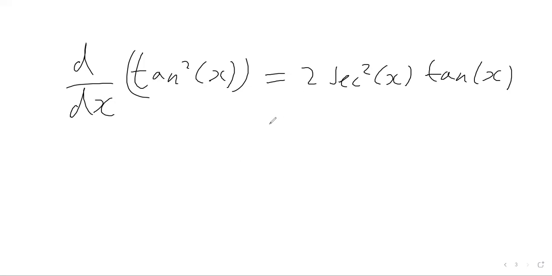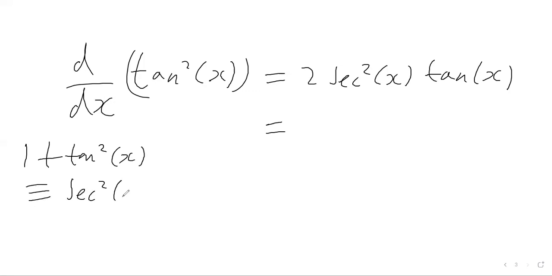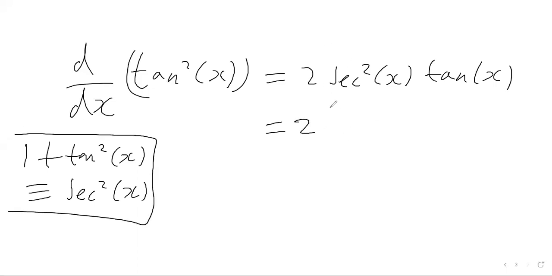I guess we could rewrite this in a different way using a trig identity. So we know that 1 plus tan squared from trig identities is identical to sec squared of x. So I guess we could rewrite this just in terms of tans. So this is going to be 2 times 1 plus tan squared of x times tan of x.